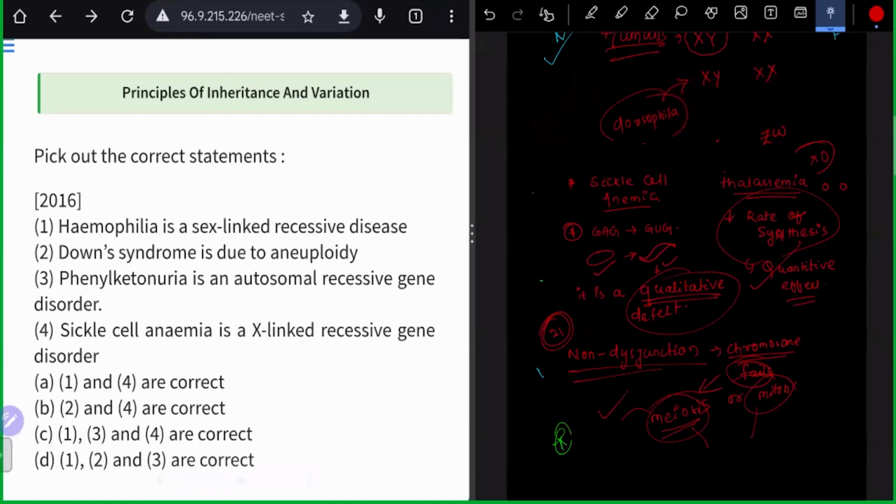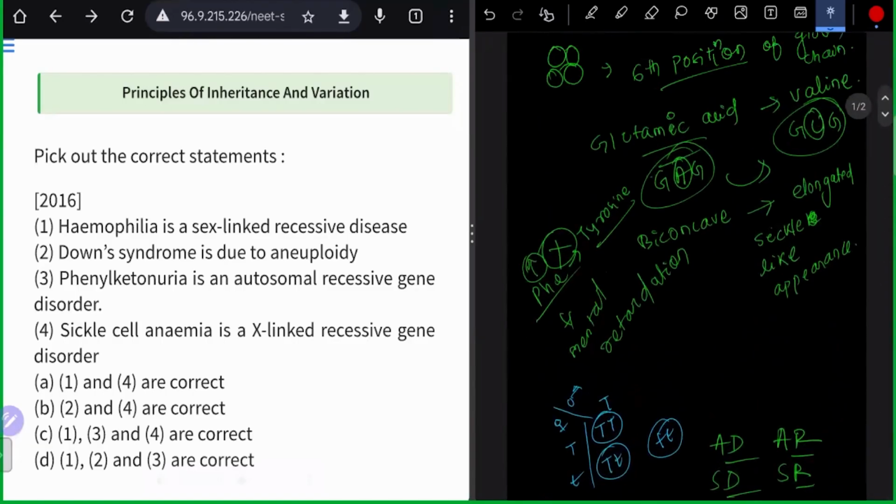It is known as aneuploidy. Here we have seen that in Down syndrome there is a trisomy of chromosome 21. That means an additional copy of the chromosome is present. So it is a case of aneuploidy. Third option is phenylketonuria is an autosomal recessive gene. It is also correct.